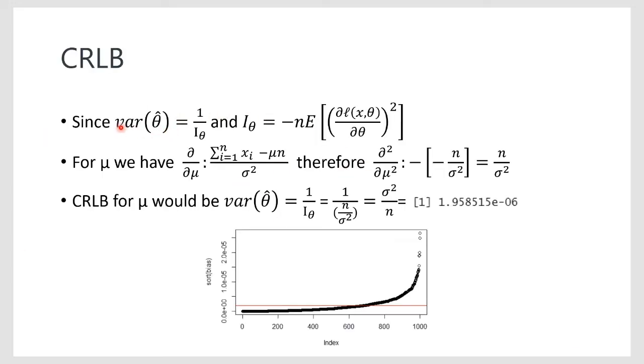Then we use the Cramer-Rao formula, that is, the variance of the estimated parameter is 1 over the Fisher information.